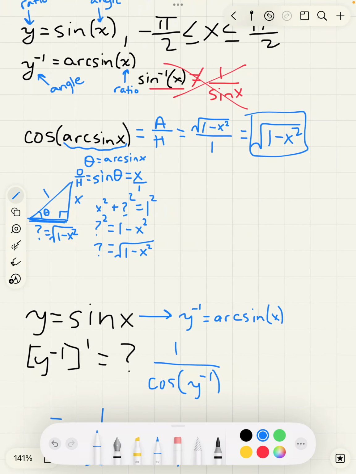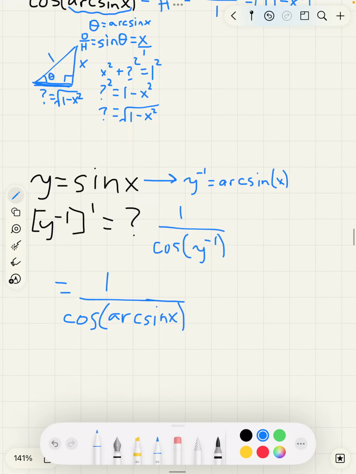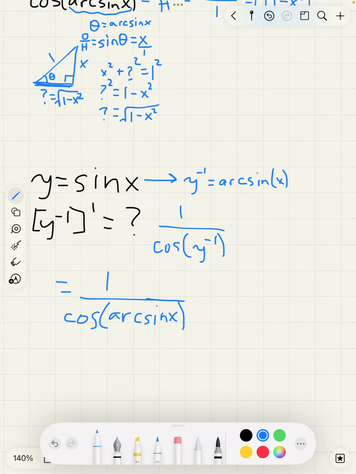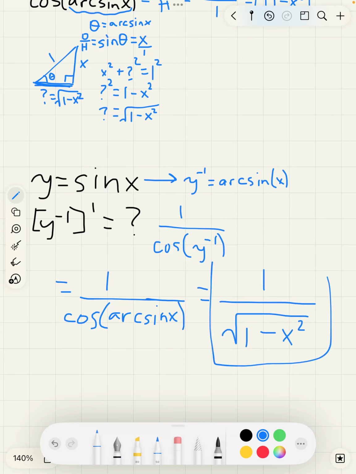We know that it's equivalent to the square root of 1 minus x squared. So I could rewrite this as 1 over the square root of 1 minus x squared. And ta-da, that is the derivative of arcsine of x.